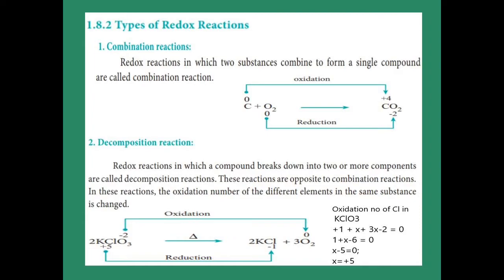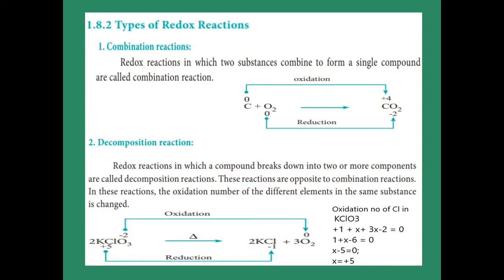The sum equals 0, because it is a molecule. Afterward we get the X value as +5. This +5 you have to put in KClO3, so +5 for chlorine, and oxygen -2. On the product side, in potassium chloride, chlorine is -1 because potassium is +1. Oxygen is a molecule, so 0 there.